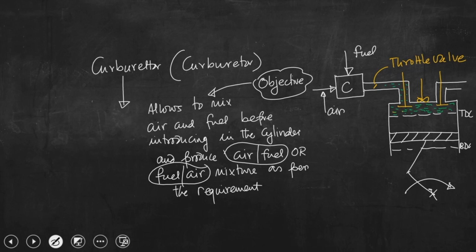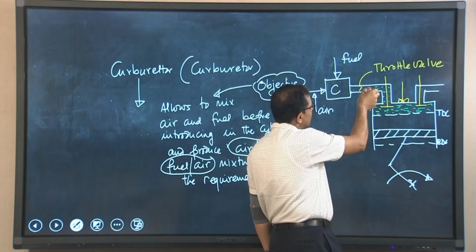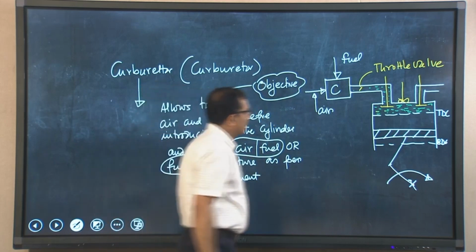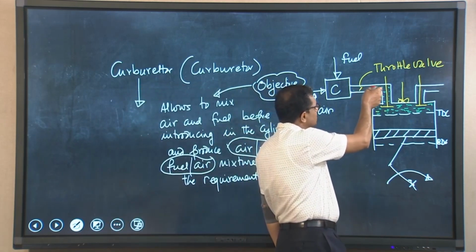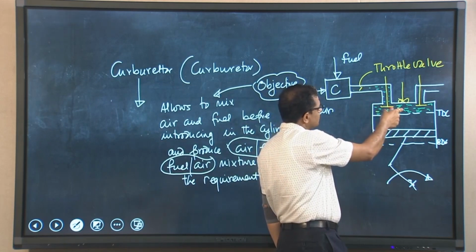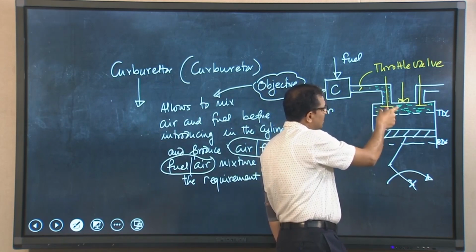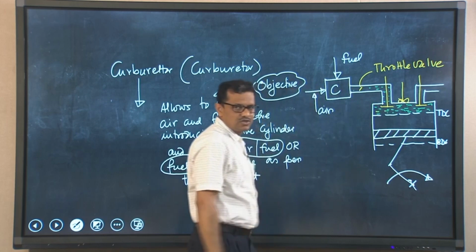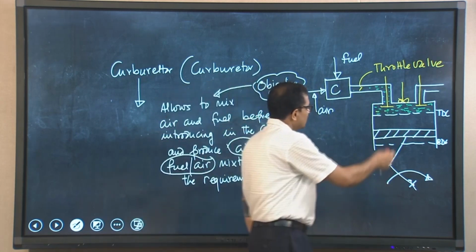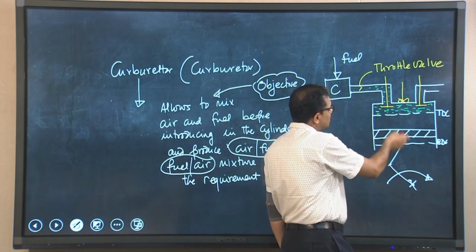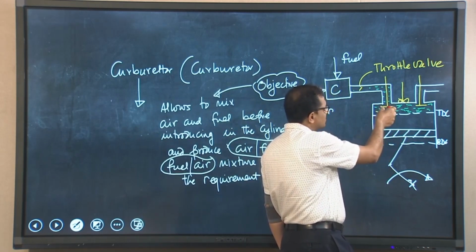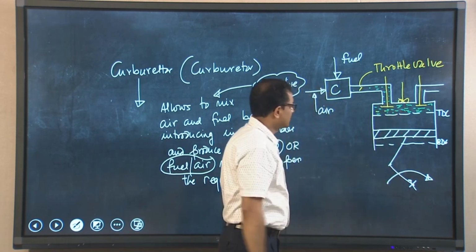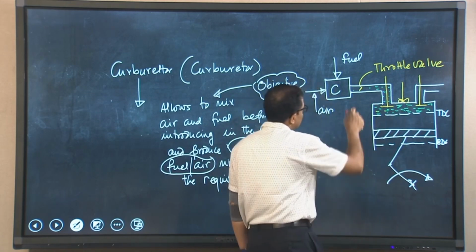There is a pressure difference between the upstream and downstream parts of the throttle valve, because the pressure is relatively higher inside the cylinder, while pressure upstream of the throttle valve is less. Now, when piston is coming from TDC to BDC, intake valve opens and the pressure inside the cylinder reduces, exhaust remaining closed.